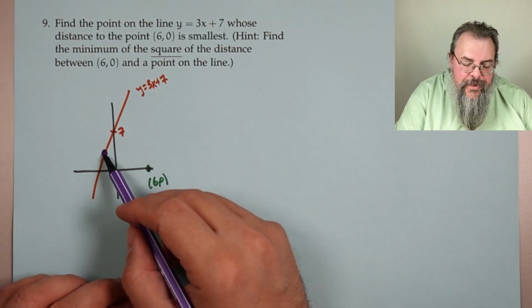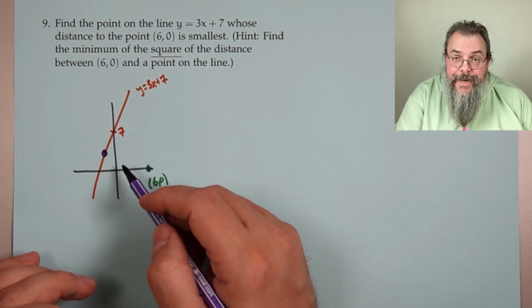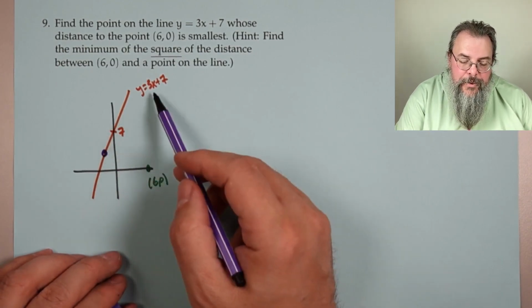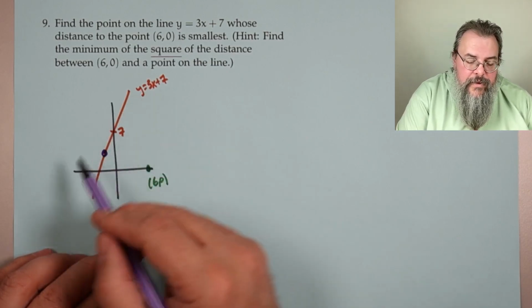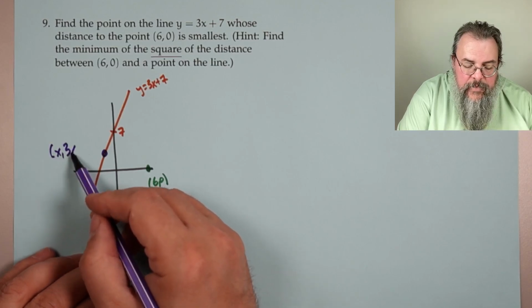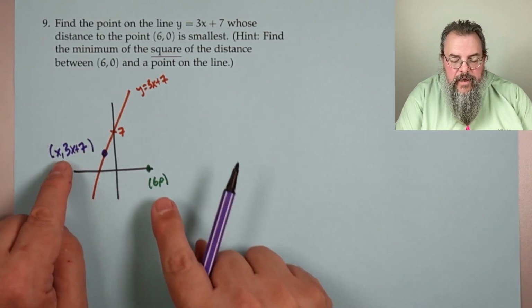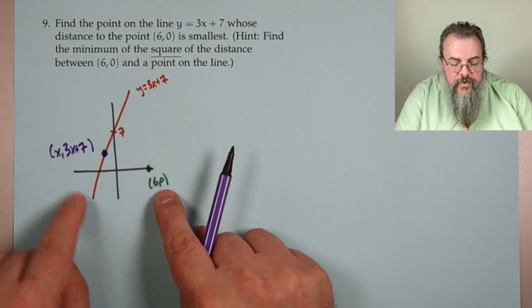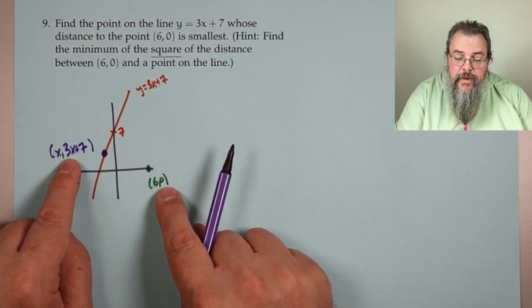What does a point look like? Well, normally a point looks like x comma y. But instead of x comma y, we know what y is. So a point on the line looks like x comma 3x plus 7. So I want to say, of all the choices for x, which choice for x gets nearest to here? So we're going to minimize the distance.